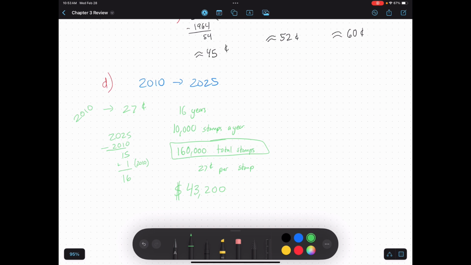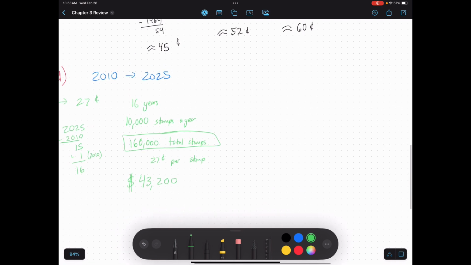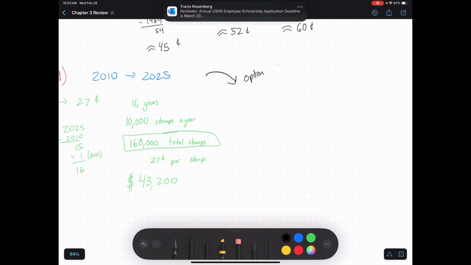Well, like I said, their other option is to just go ahead and buy them year by year. So that's option 1. This is option 2, which is buy every year.